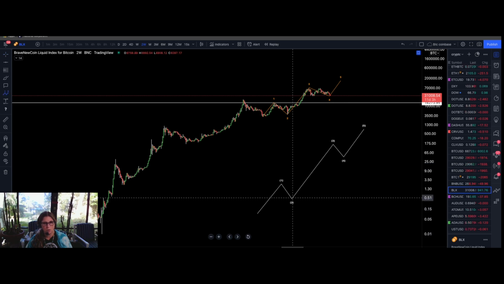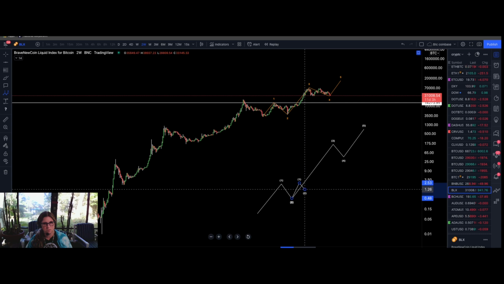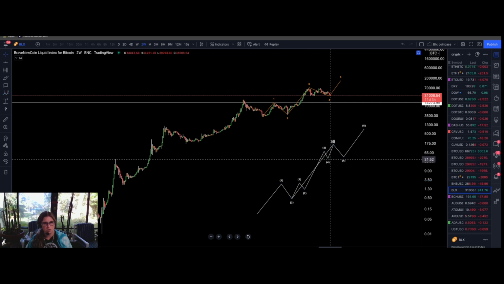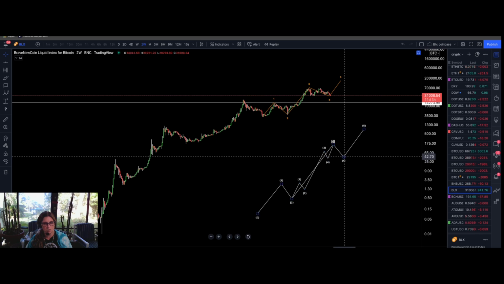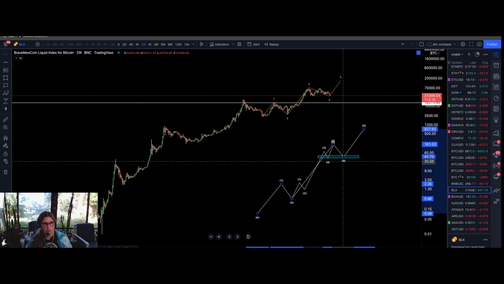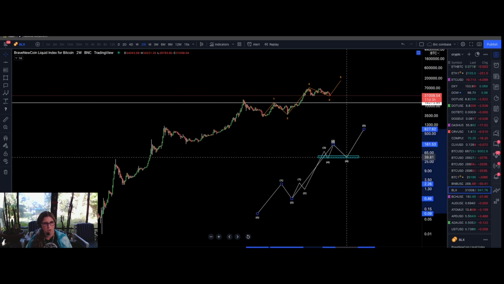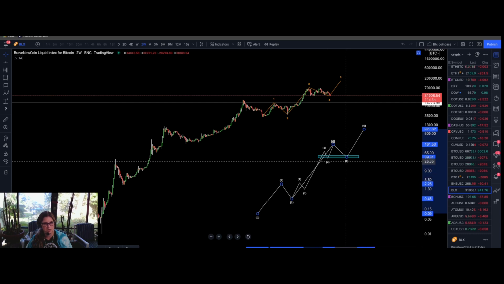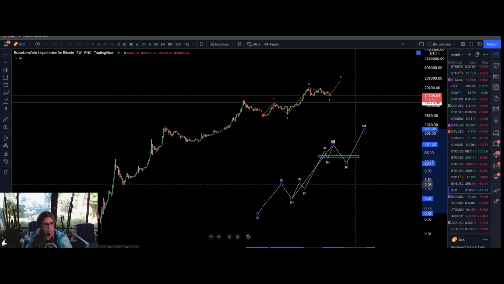Inside of your third wave, you have 5 waves. And right in this area of the lower degree 4 and the higher degree 4, they overlap each other. The higher degree 4 usually will not break the lower degree 4. If it does, it's not by much, and it shouldn't.